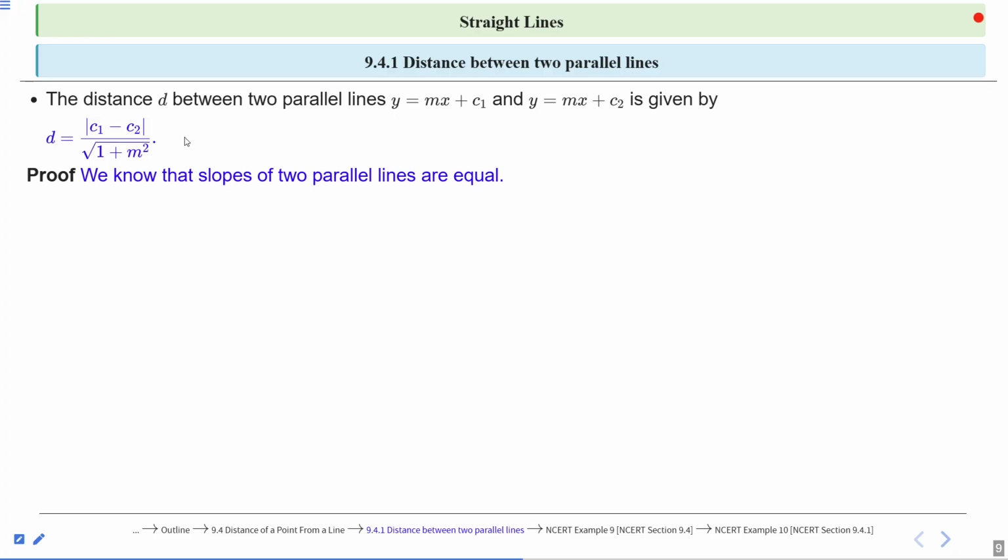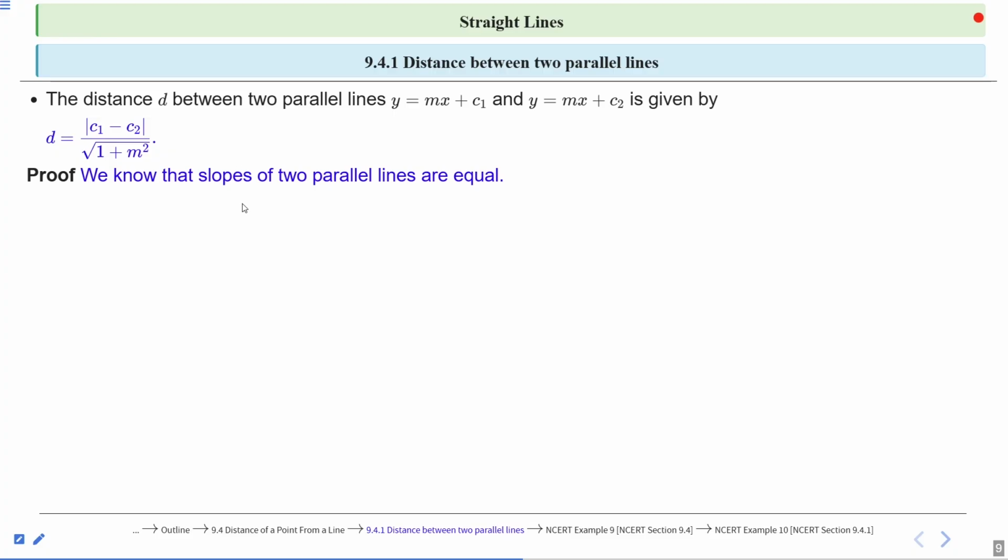So now we will see the proof of this formula. We know that slopes of two parallel lines are equal. We already learned about this statement: if we have two parallel lines, then their slopes are equal, and if their slopes are equal, then the lines are parallel.